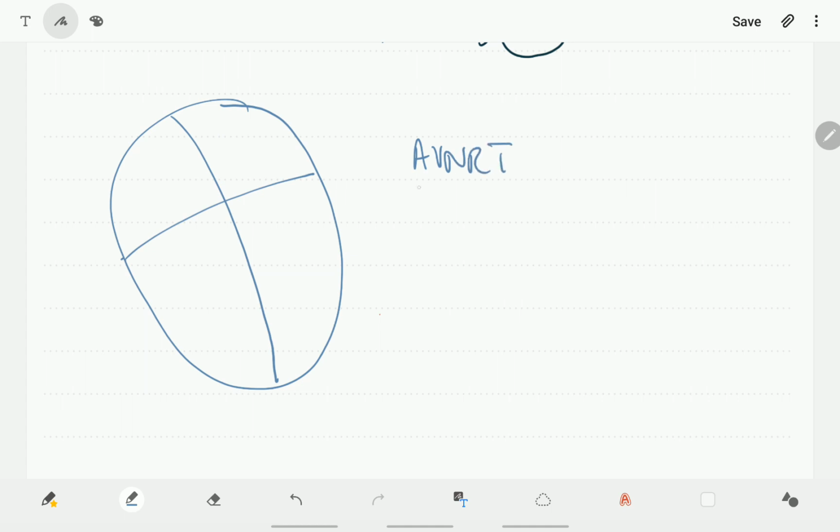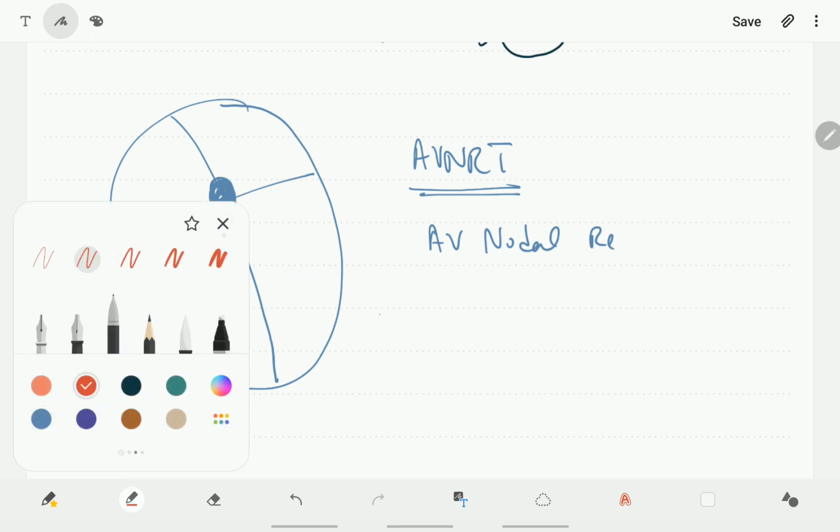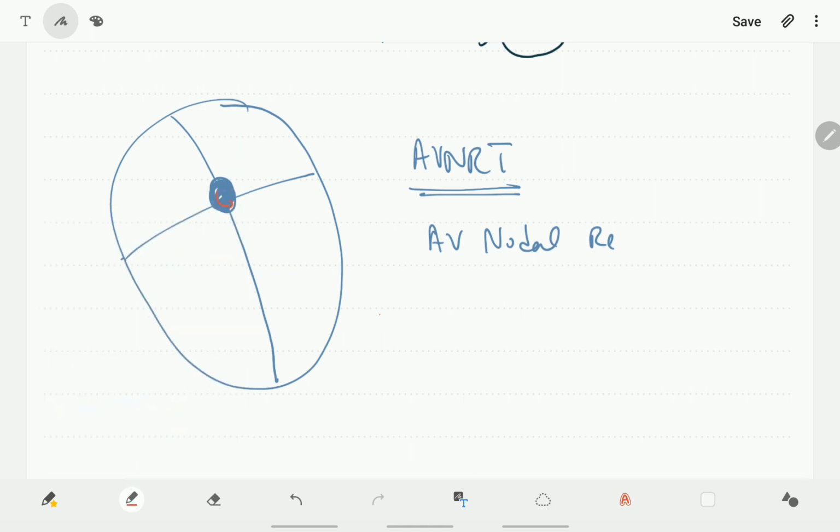AVNRT basically means atrioventricular nodal, so AV nodal re-entry. So basically there is a re-entry pathway which is in or around the AV node. So the impulses are circling around inside or around the AV node, and then because of this circuit the impulses keep going down and we get the tachycardia.